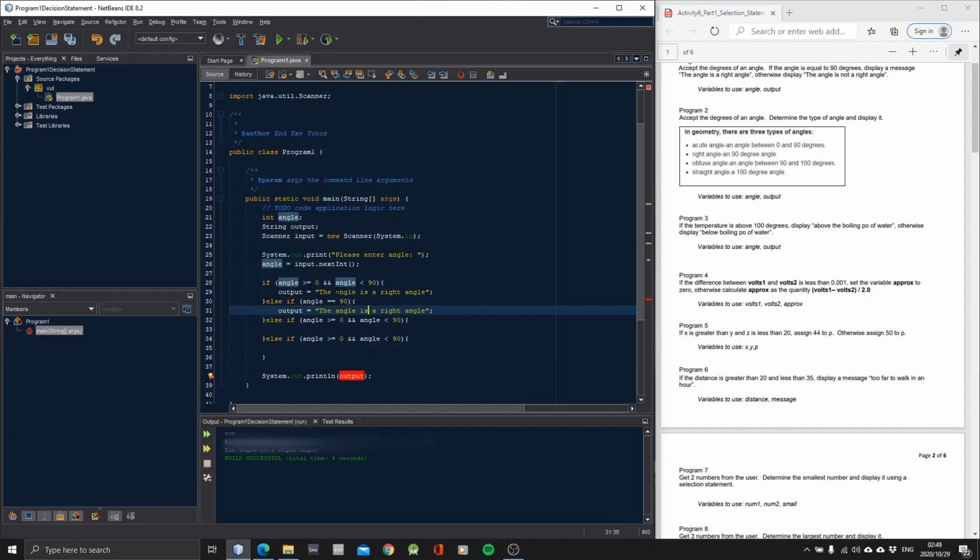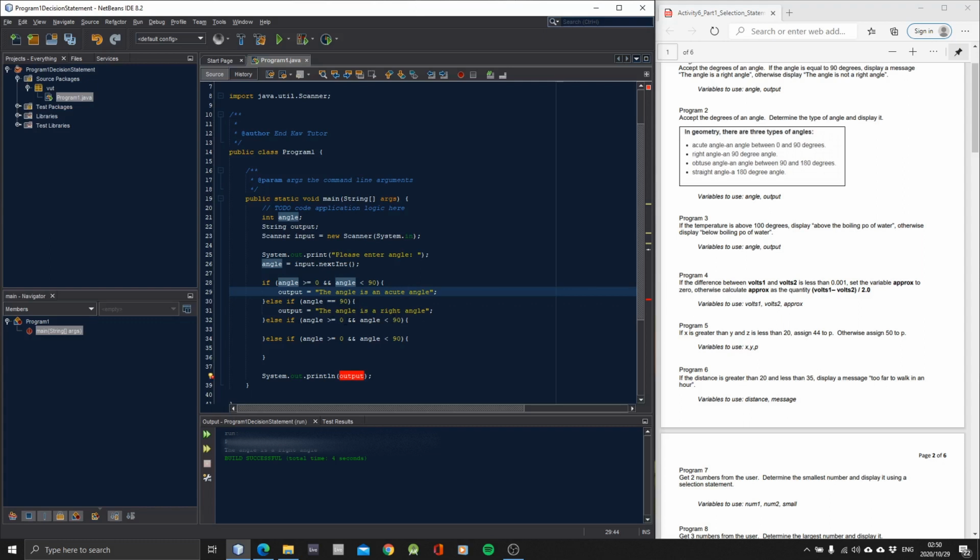Okay, so if the angle equals to 90, the angle is a right angle. Then if angle is greater than 0 and angle is less than 90, output the angle is an acute angle. Then else if angle equals to 90, output the angle is a right angle.